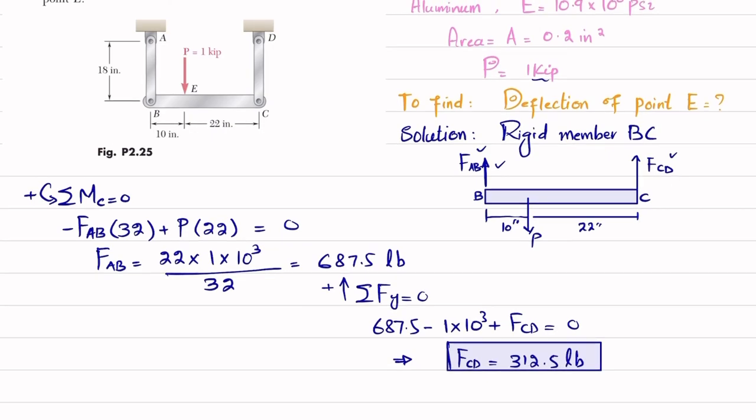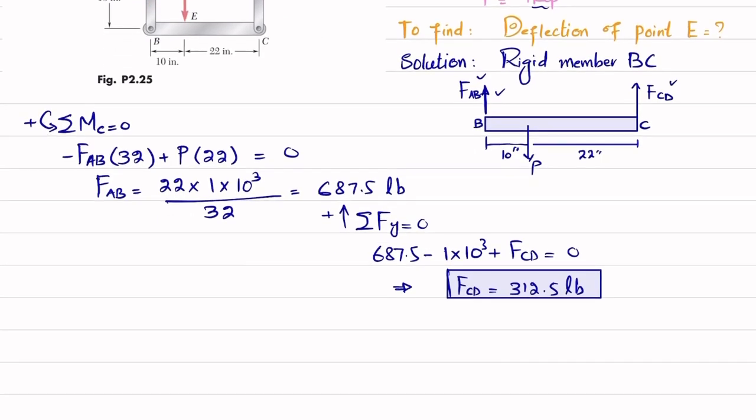You can see that due to this load, there will be a tension in links AB and CD. So definitely there will be elongation, a change in length of AB, and a change in length of CD. So we have to find this change in length.